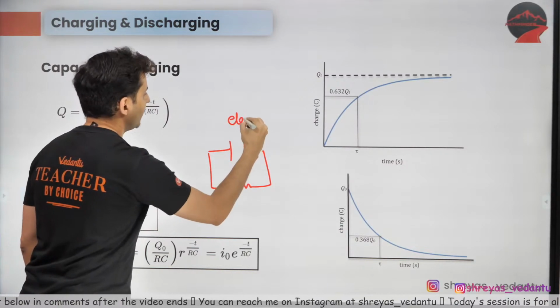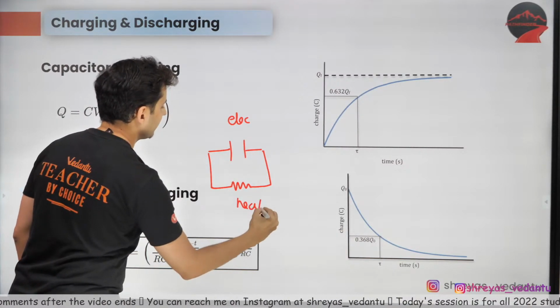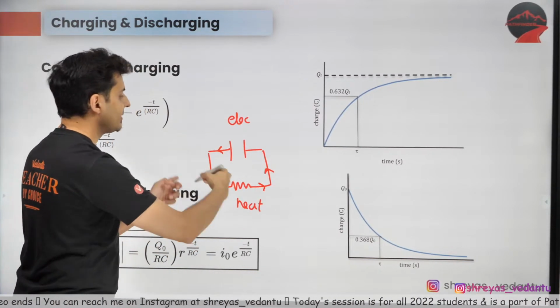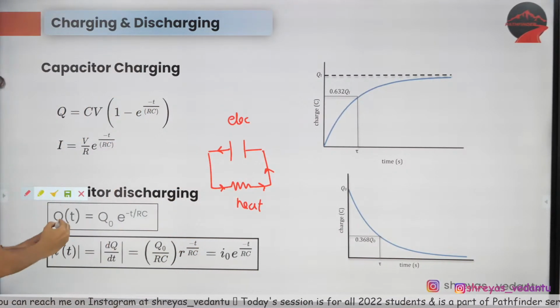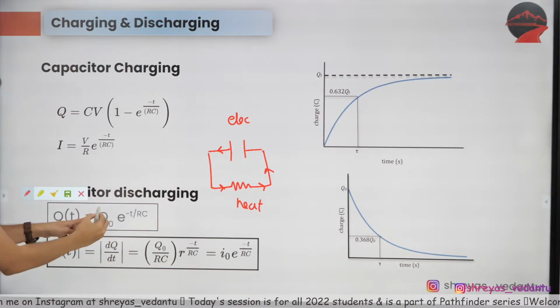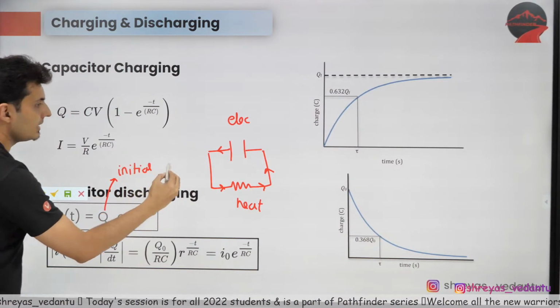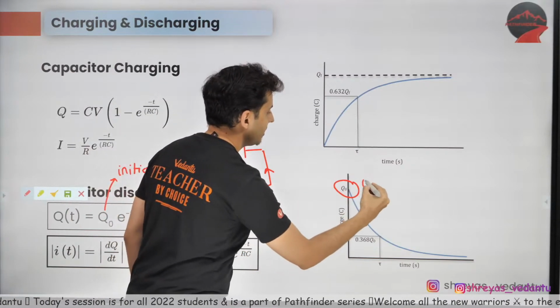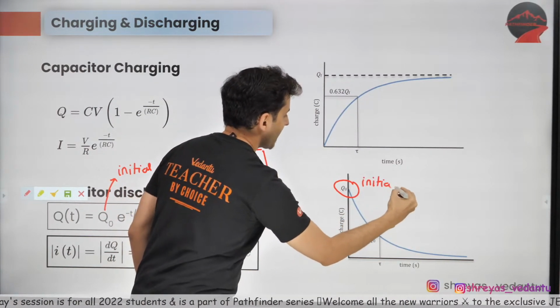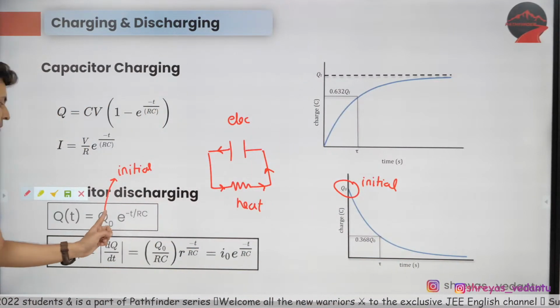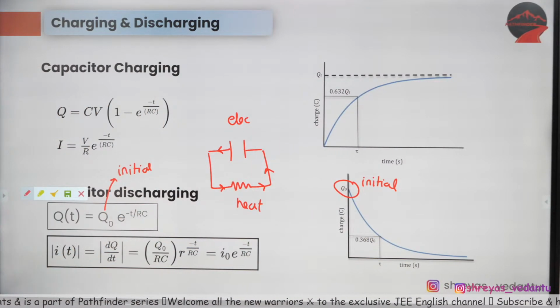The electrical energy goes into heat, because the current will flow through the resistor and slowly discharge it. So the charge as a function of time will be Q naught, your initial charge, e to the power minus t by RC, and eventually it will become 0.